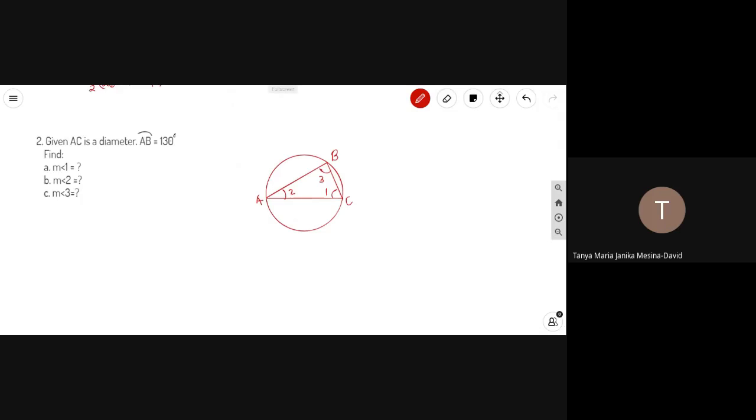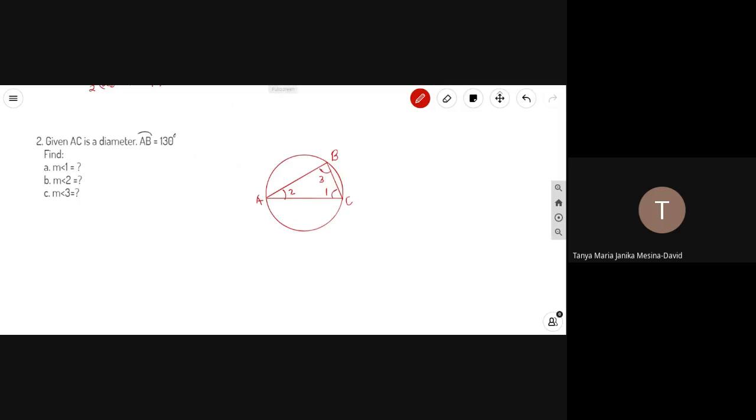AC is the diameter of the circle. This means that arc ABC is a semicircle, and that means that angle 3 is an inscribed angle. Angle ABC, or angle 3, is the inscribed angle, which means that it is actually 90 degrees.